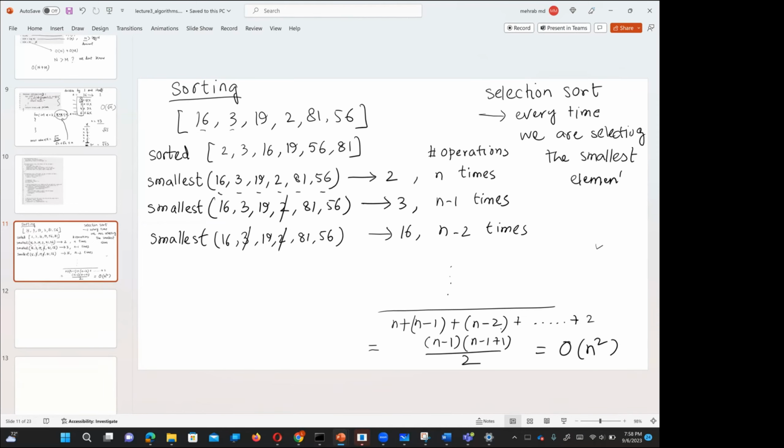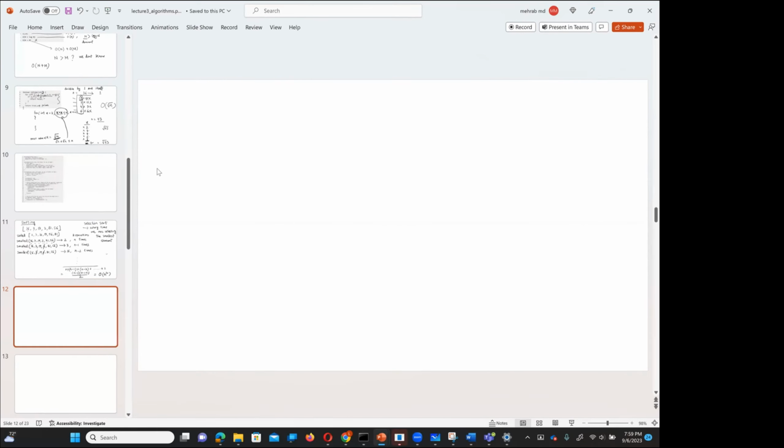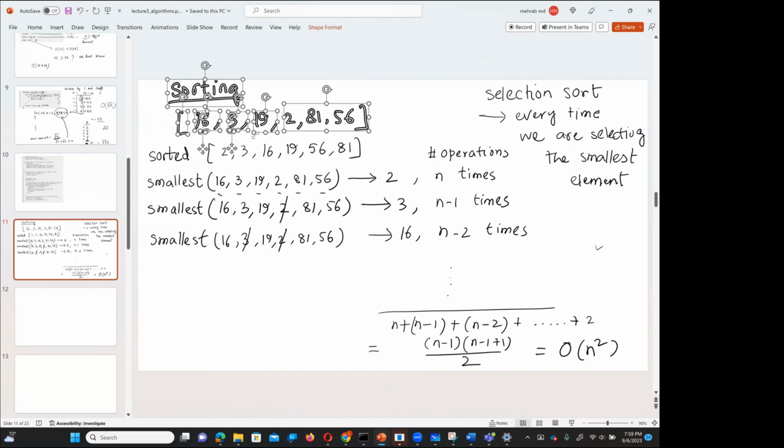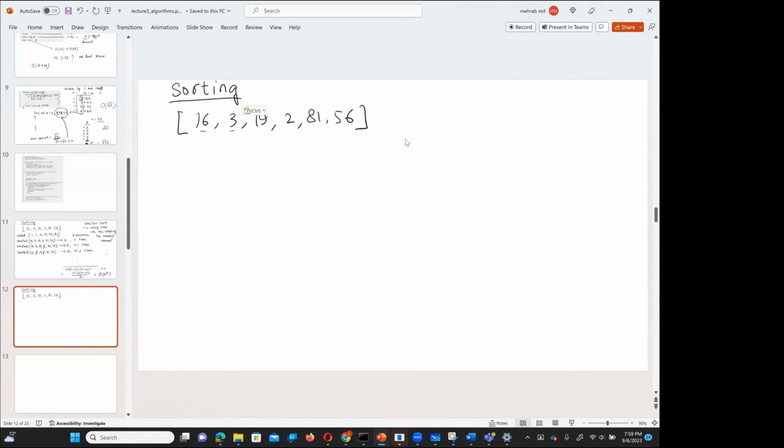So every time we're selecting the smallest element, and this way, eventually the array is getting sorted, right? So this is how this is working. So basically, if I take the previous example here, you can think this algorithm is like this.